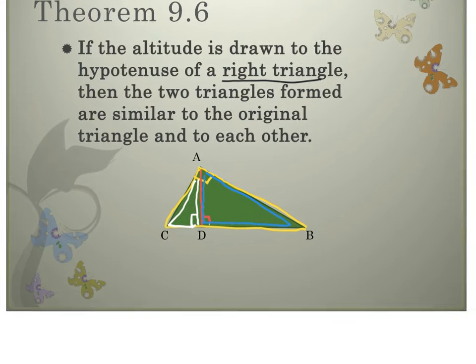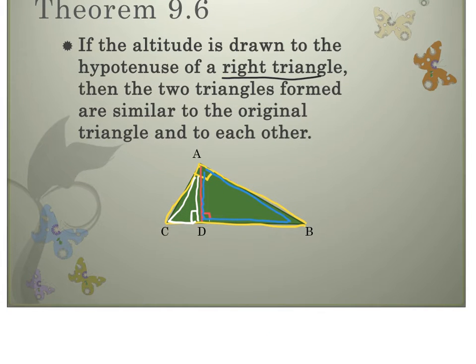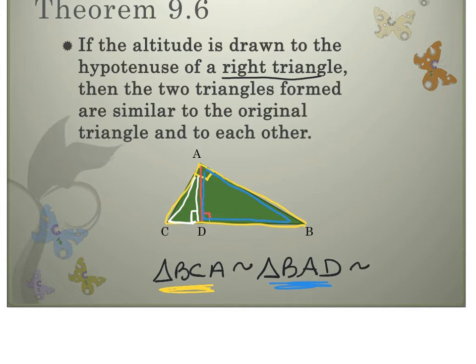So for example, if I took the first one, the yellow, and I started out by saying BCA is similar, and this is the yellow one, the big one, then from there I could say it's similar to the blue one, BAD, and then finally similar to the little one, ACD.